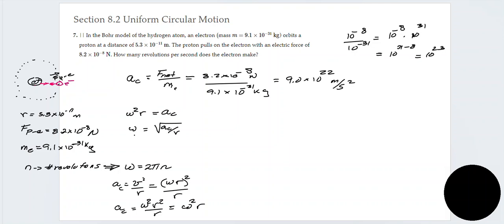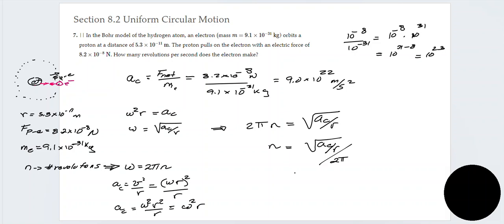Of course, we know that omega, as we mentioned before, will be 2 times pi times the number of revolutions. So we say 2 pi n is equal to the square root of the centripetal acceleration divided by the radius. We divide by 2 pi, so we get that n is equal to the square root of the centripetal acceleration divided by r, divided by 2 pi.